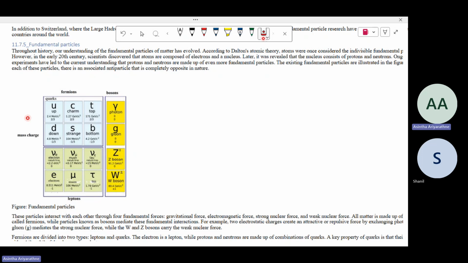There are 12 fermions, and by different combinations of these 12 fermions, matter is formed. And the purpose of bosons is to bind the fermions. It is the binding particle.